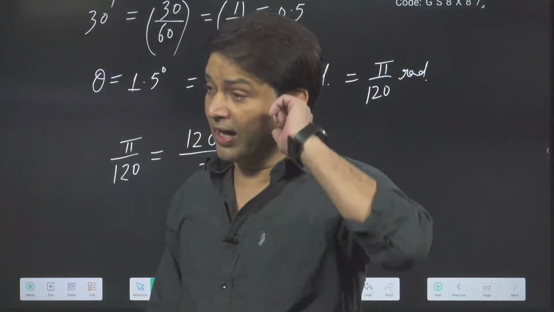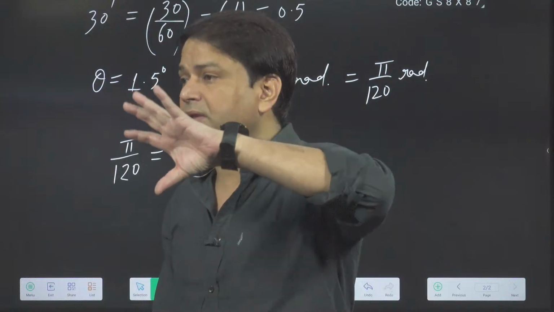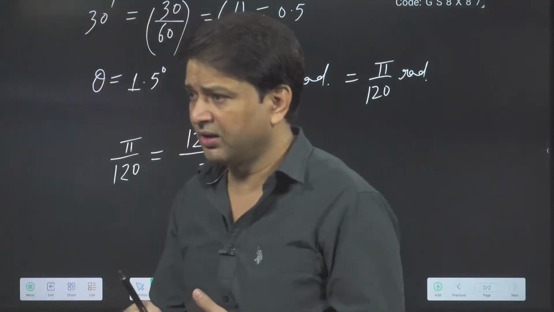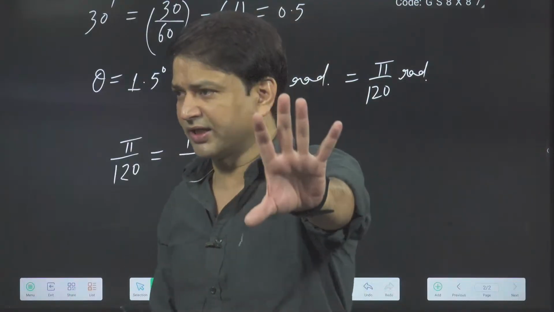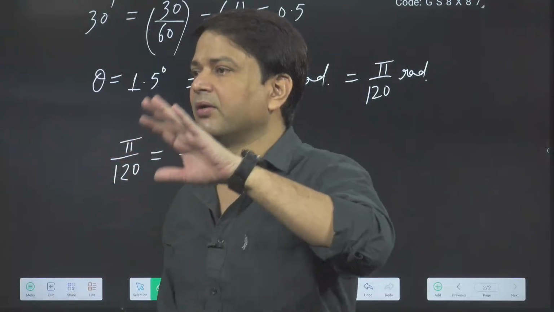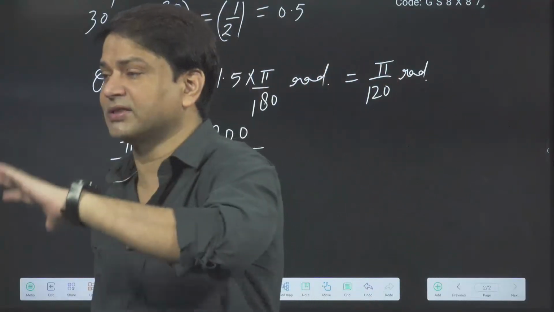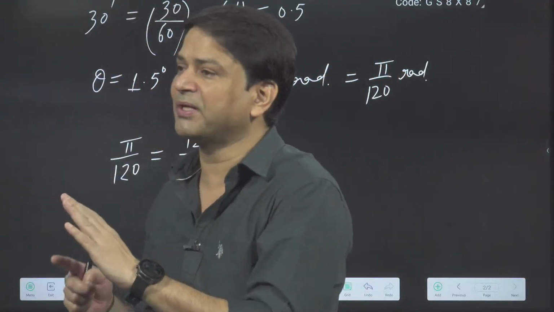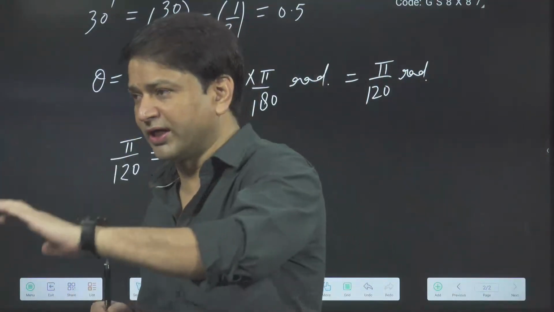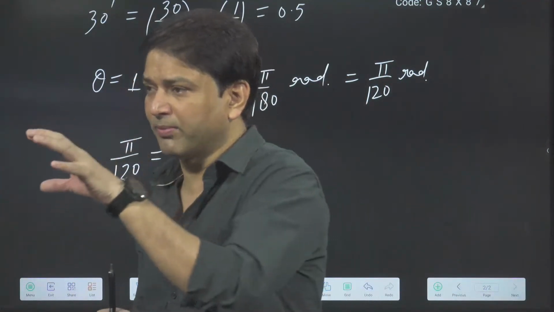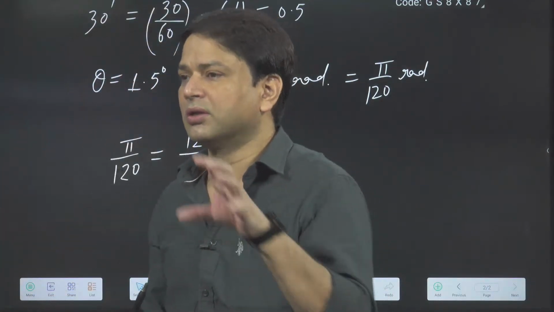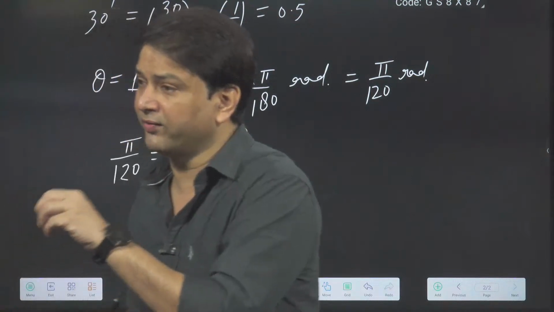Here I gave the angle as 1 degree 30 minute. Minute and second are small units of the angle. 1 degree is a degree, that we know. Here I gave 30 minute. 60 minute is equal to 1 degree, so 1 minute is equal to 1 by 60 degree. Using the unitary method, 30 minute is equal to 30 by 60, which is 0.5 degree.